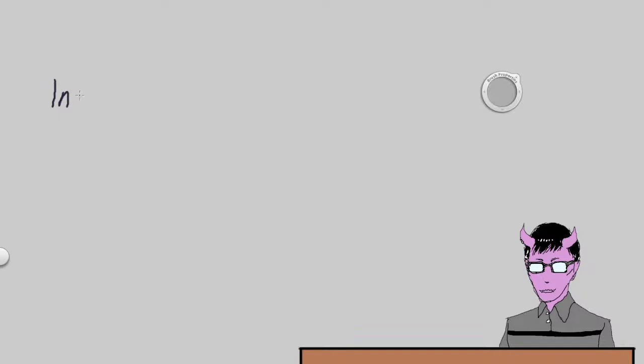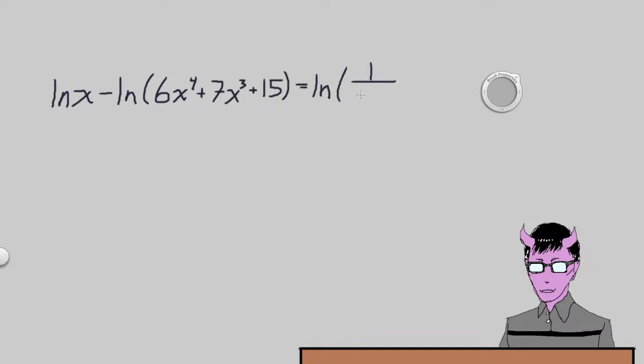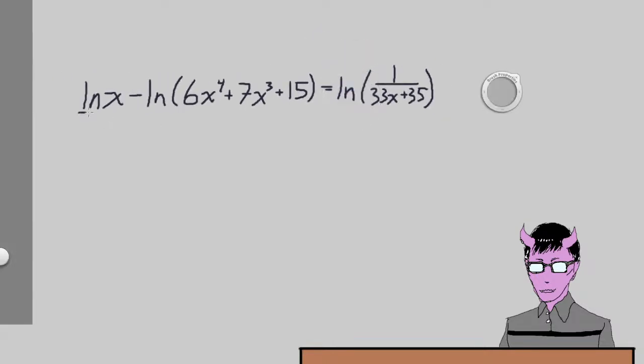We have here the natural log of x minus, it should look kind of familiar because we did this maybe 2 problems ago, natural log of 6x to the power of 4 plus 7x cubed plus 15, close parenthesis, is equal to natural log of, kind of a funky looking thing, 1 over 33x plus 35. Wonderful. But at least, hey, all the log bases match up.